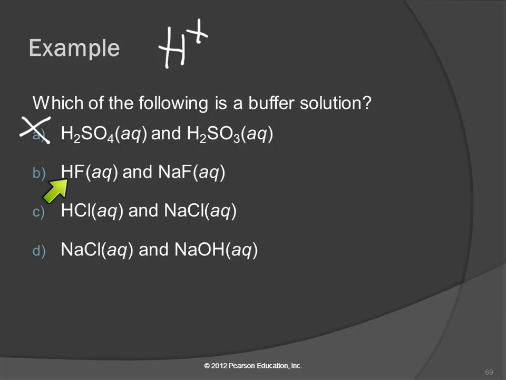How about HF and sodium fluoride? This is an ionic compound, right? We're told here that it's soluble. So what does that form? Sodium ion and fluoride ion. This is the guy we're looking at. Is this the conjugate base of that acid?